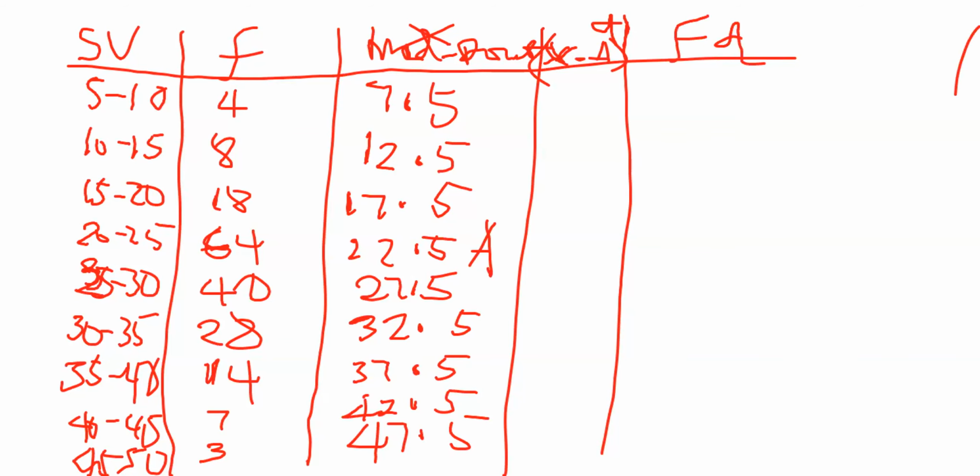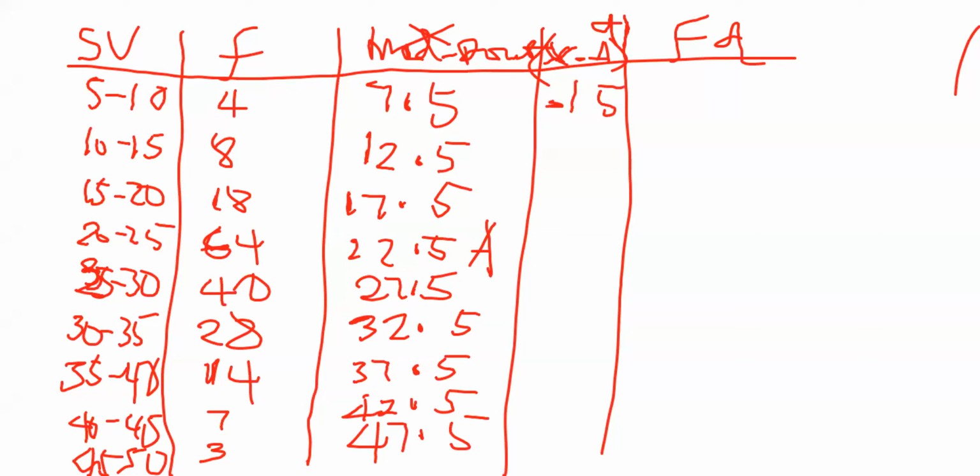When I get that column, I'm going to use the frequency to multiply the D. So I start. The first X you are seeing on the board is 7.5, agreed? Yes, sir. And our A is 22.5. Help me subtract. That will give us minus 15.